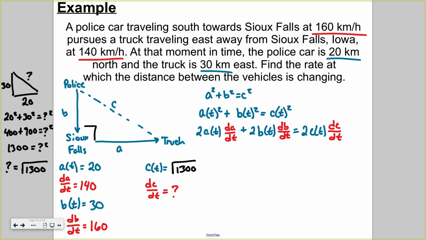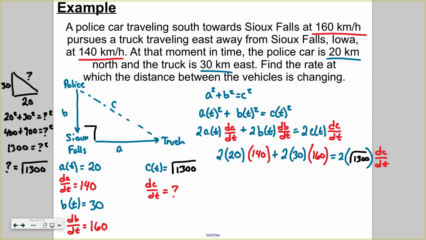Alright, so now we can just plug and chug. So let's see, we're going to have 2 times 20 times 140 plus 2 times 30 times 160 equals 2 times the square root of 1300 times dc over dt. Alright, then we can just go to town.